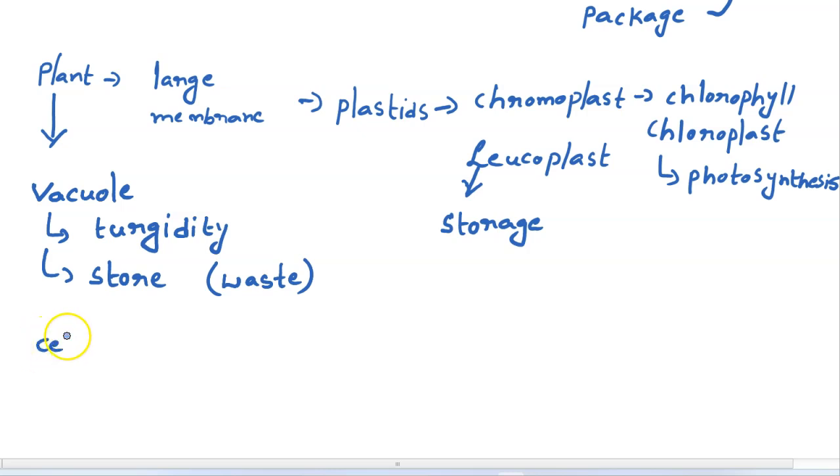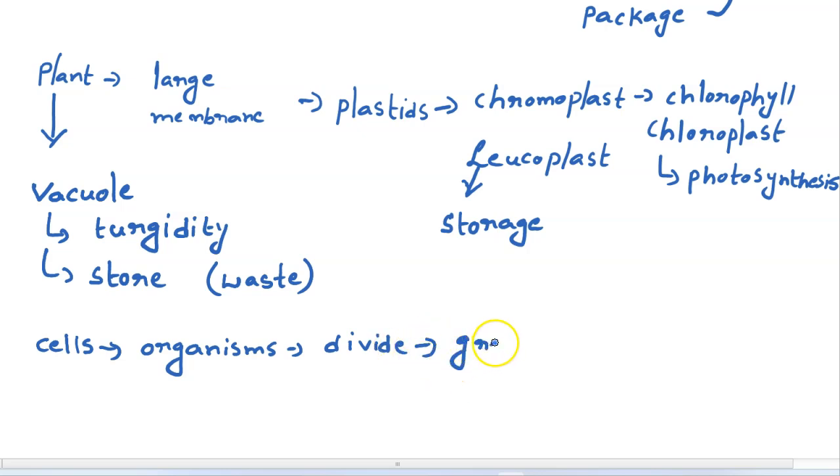Now moving to the cells' survival in nature. The cells present in the organisms divide and divide, which helps in growth of the organism. That is, whether it is an animal or plant, growth depends on cell division.